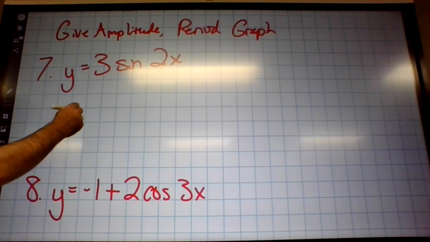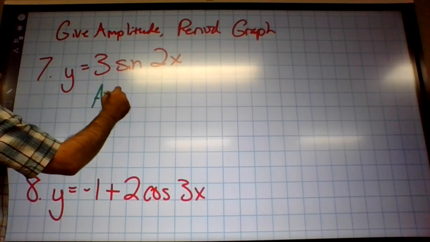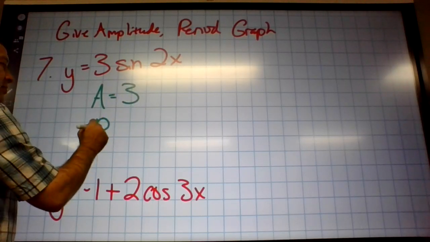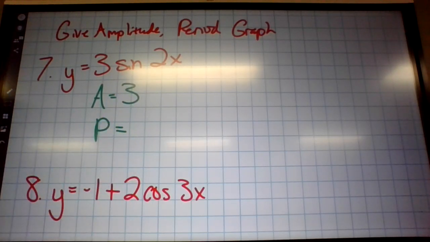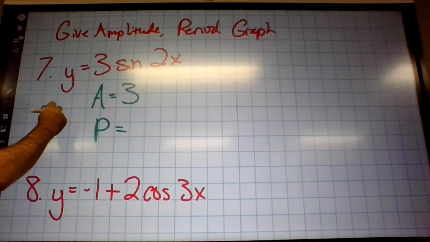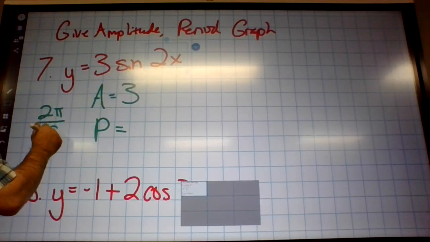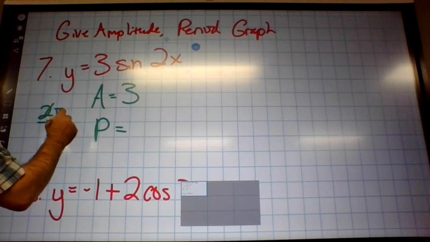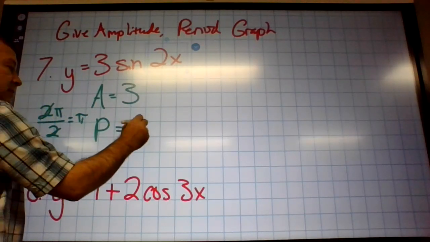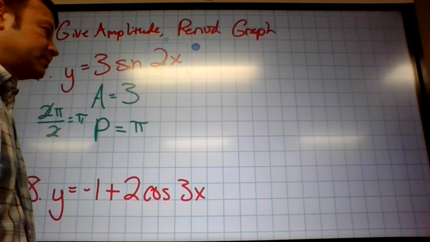Okay, what is the amplitude? What is the period? Or how do we find the period? 2 pi, always divided by this number. 2. And in that case, that would just equal pi.